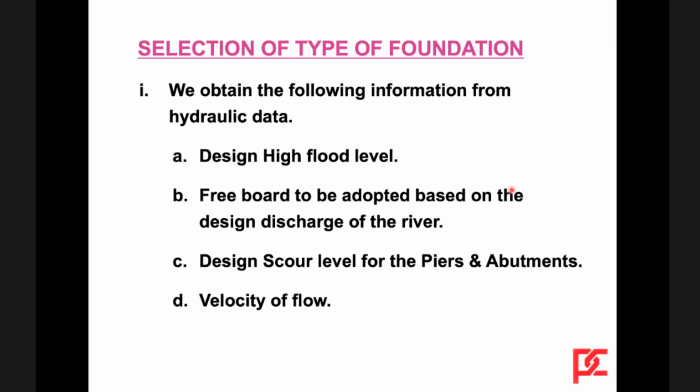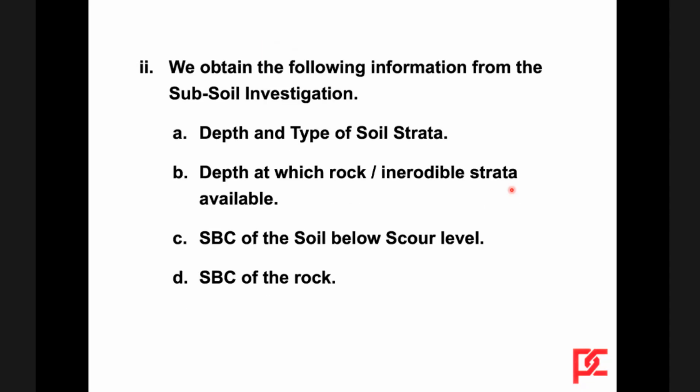We obtain the following information from the hydraulic data: design high flood level, free board to be adopted based on the design discharge of the river, design scour level, velocity of the flow. And we obtain the following information from the subsoil investigation: depth and type of soil strata, depth at which rock or inerodable strata is available, SBC of the soil below the scour level, SBC of the rock.